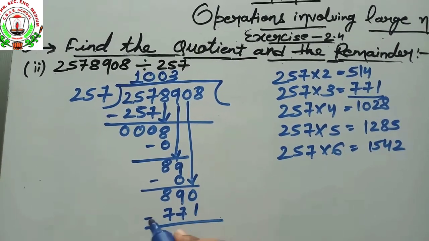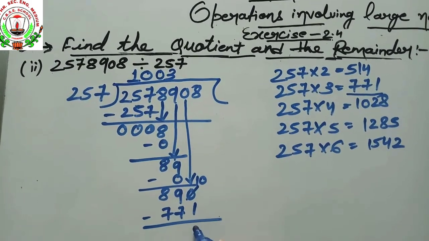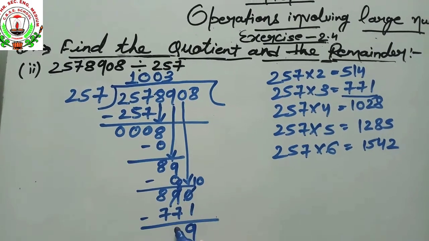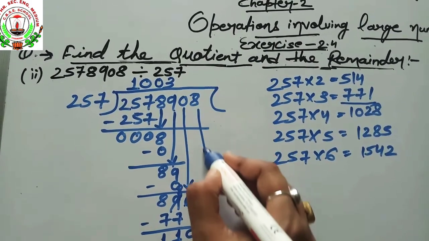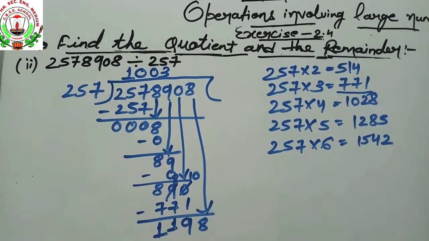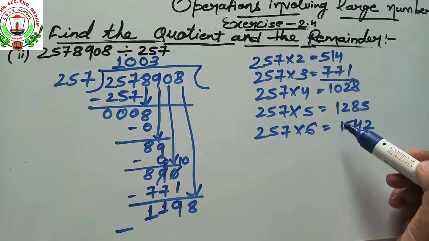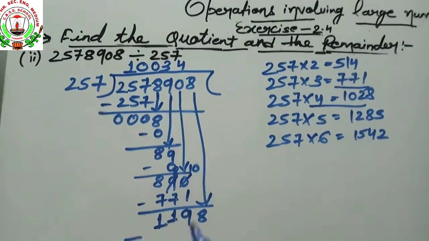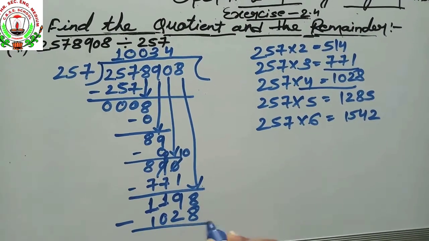771. And the next step is again to subtract this. Then 10 minus 1 is 9. 8 minus 7 is 1. Then again 8 minus 7 is 1. So here again we will bring down this 8 over here. 1198. We have to select a number less than this. So 4 times it will come, 1028.